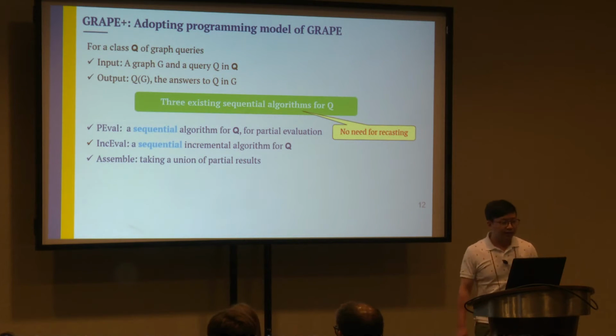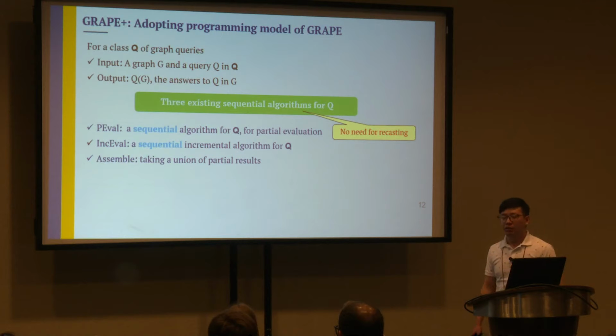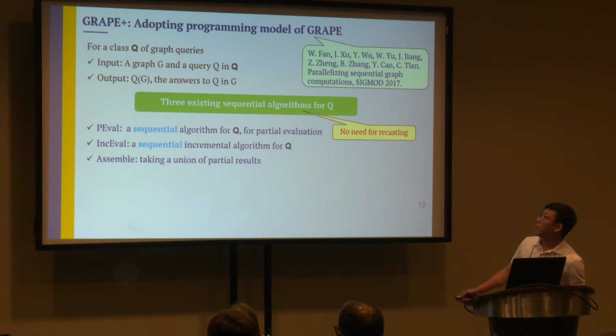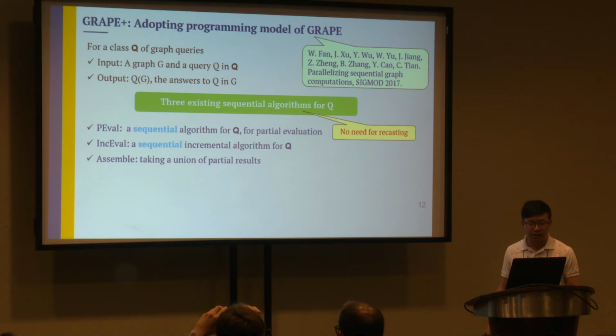We developed a system called GRAPE+, implementing the AAP model. To handle the second problem, hard programming, we adopt the programming model of GRAPE. GRAPE is our previous work published at SIGMOD 2017.